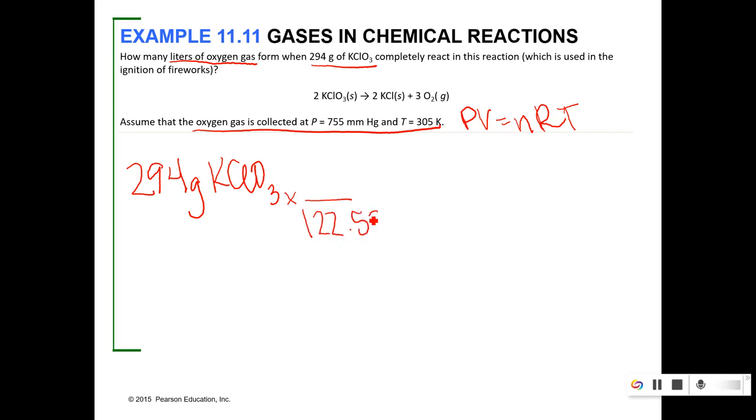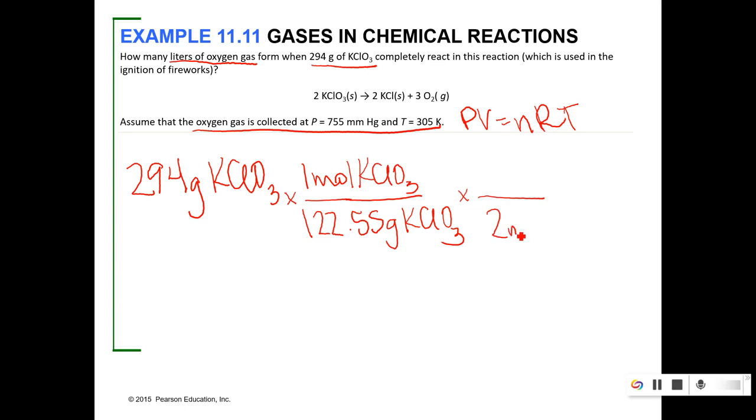Okay, so this is 122.55. Again, we're trying to get moles out of this. So I got 3.60 moles of O2.